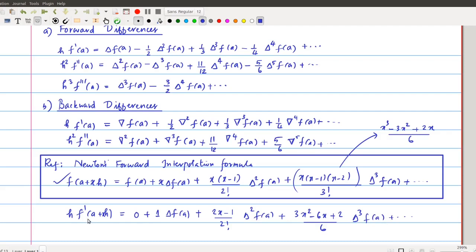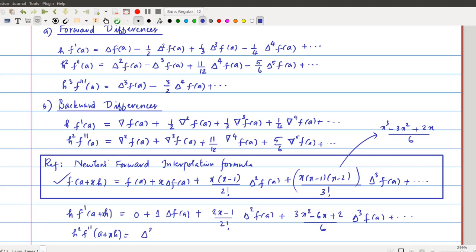Similarly you can write the second derivative from this. Find the derivative of this again, that will be h square f double dash of a plus xh. The derivative of the first quantity will be 0, and the derivative of the next will be 2 by 2, that is 1, then 1 times del square f of a.